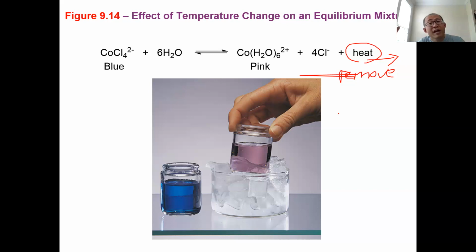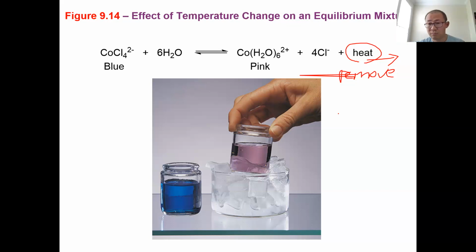To produce more heat, you have to go forward, because the forward reaction releases heat, because it's an exothermic reaction.